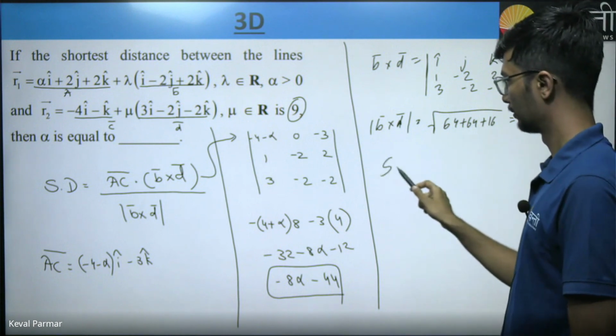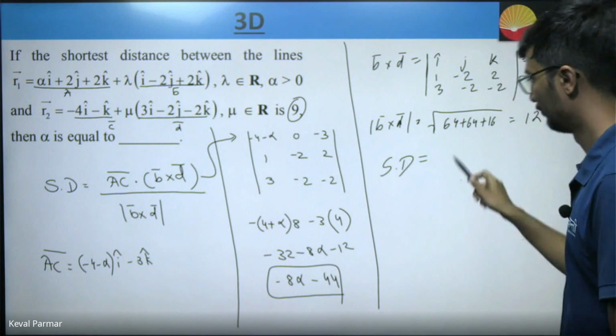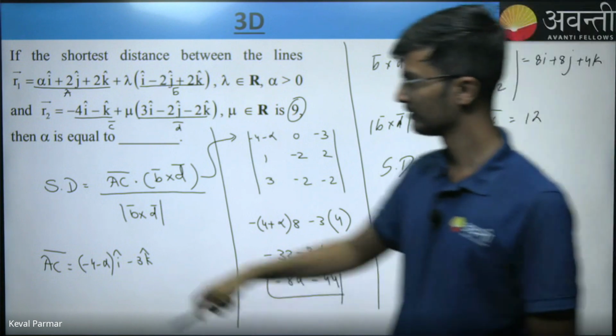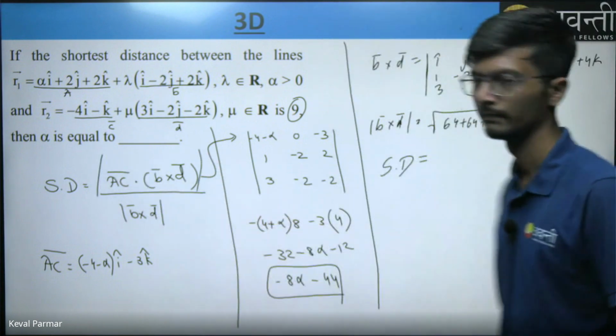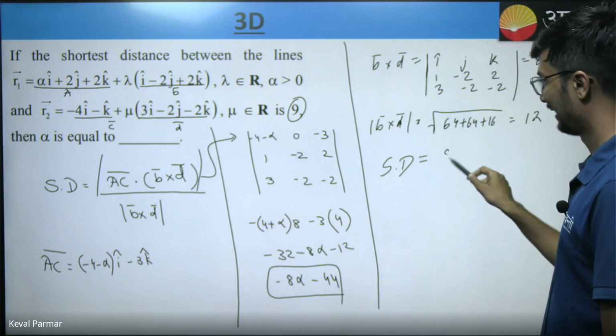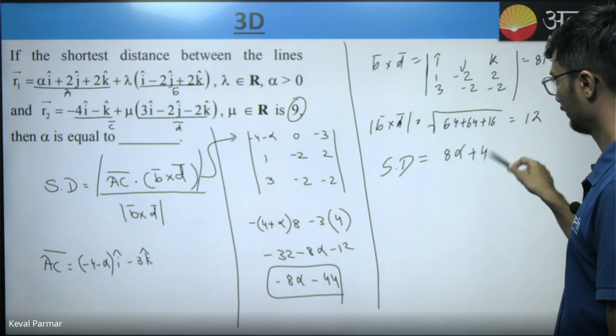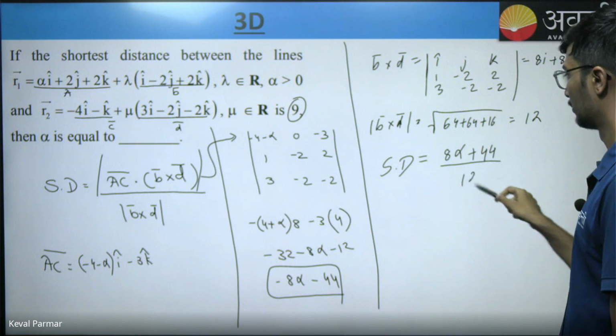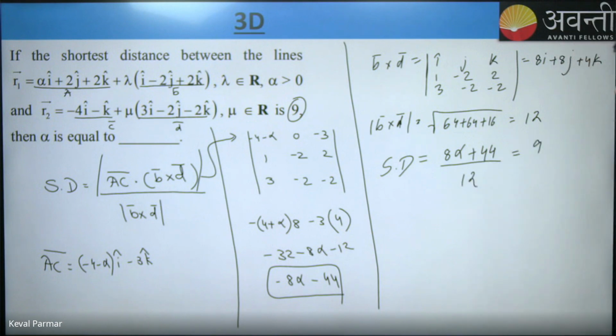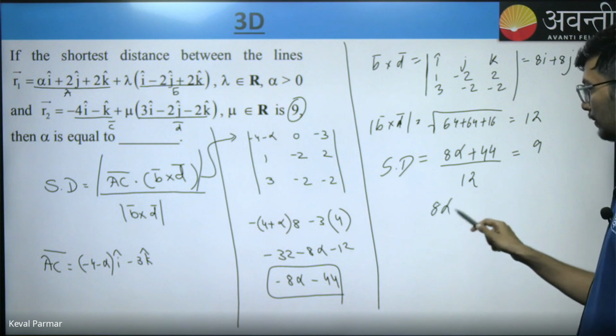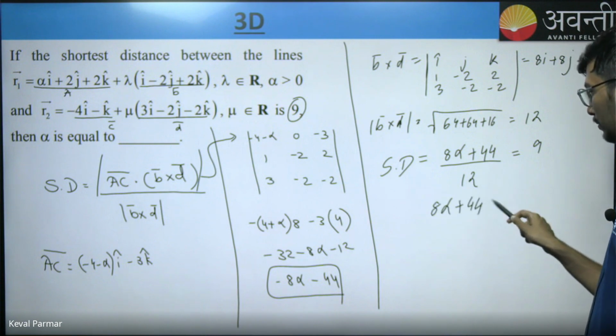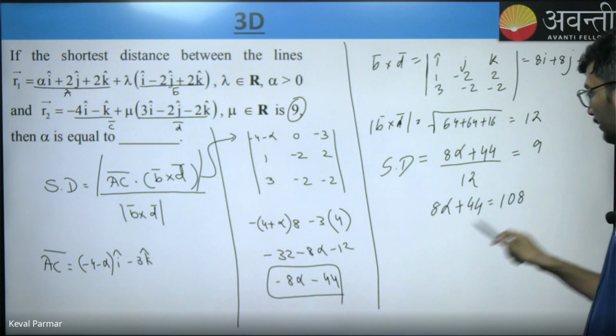So the shortest distance came to be, since shortest distance is distance, we'll use mod. So it will become 8 alpha plus 44 upon 12, which was given as 9. So 8 alpha plus 44 is equal to 108.